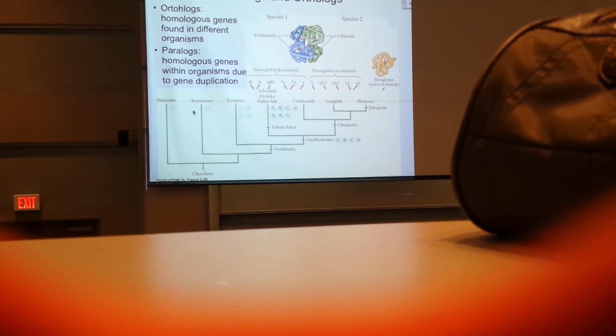So in that case, between species, right? This Hox gene and this Hox gene in tunicates versus Amphioxus, these are orthologs. Within a particular species, the lamprey has 4 copies of it. Those are paralogs. Okay? We'll talk about these a little bit more when we get to evolution and development. So Hox genes in particular are really important for development, segmentation, and things like that.